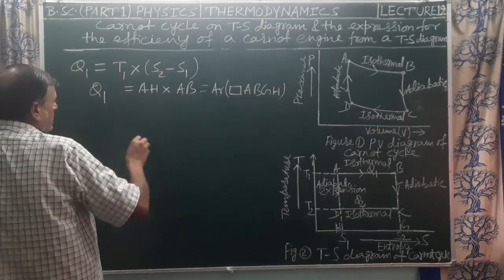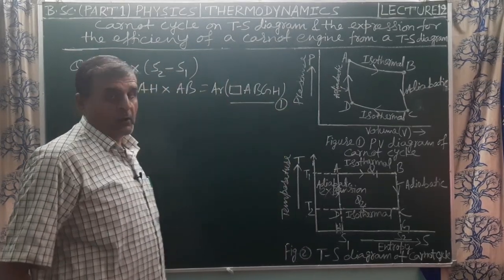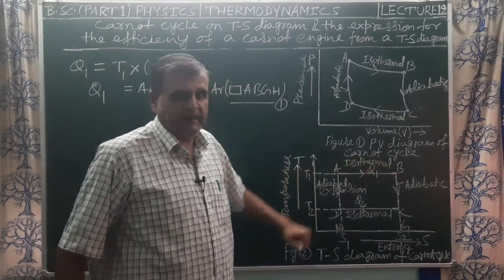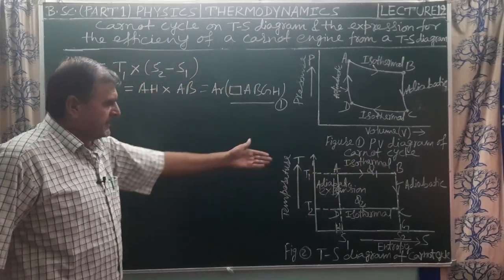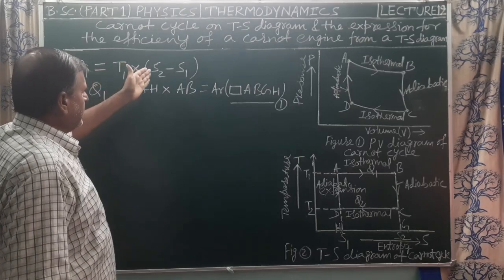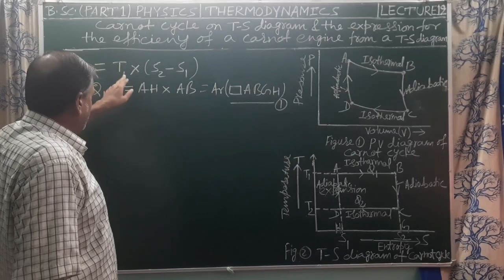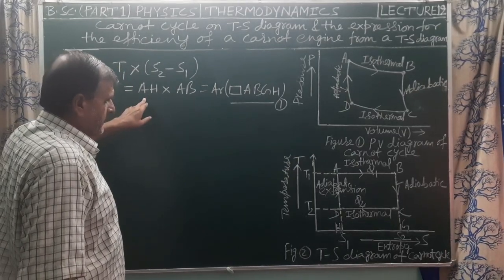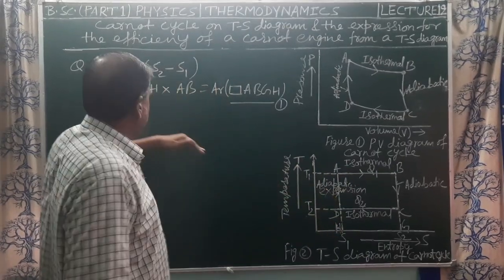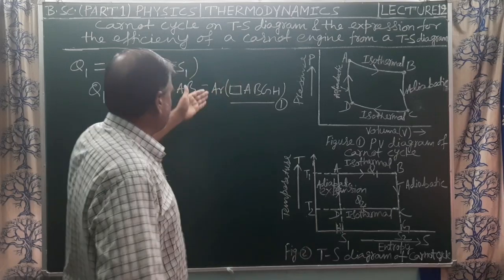It is the amount of heat absorbed by the system during the isothermal expansion at constant temperature T1. So Q1 is equal to T1 multiplied by the change in entropy S2 minus S1. Corresponding to T1 we have written side AH of the rectangle, and corresponding to S2 minus S1 it represents AB. So it is the area of the rectangle ABGH.